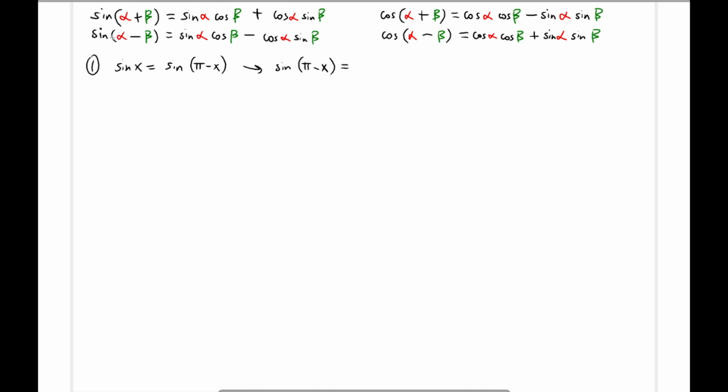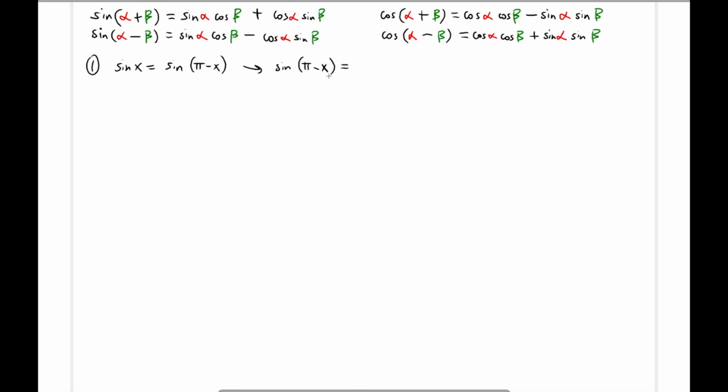Now notice that alpha and beta are two different angles, and so are the pi and the x. So we just copy down the formula correctly and replace all the correct angles with the respective pi and x that we have here in order to arrive at the correct answer.